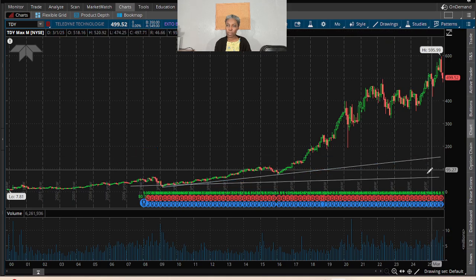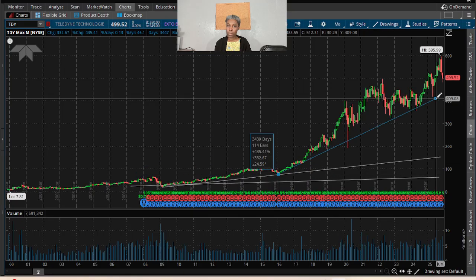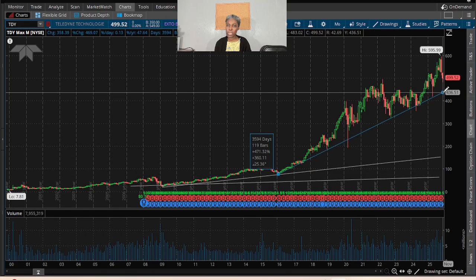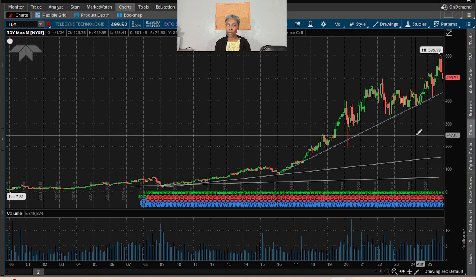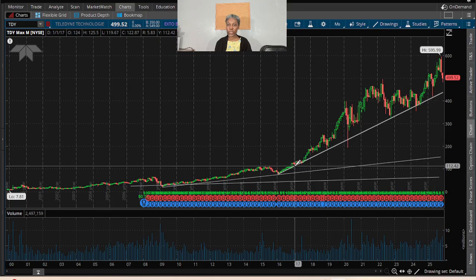For some reason, those are not okay. And then we can do this one. So it seems to be respecting this support line, and this support line is many years long.